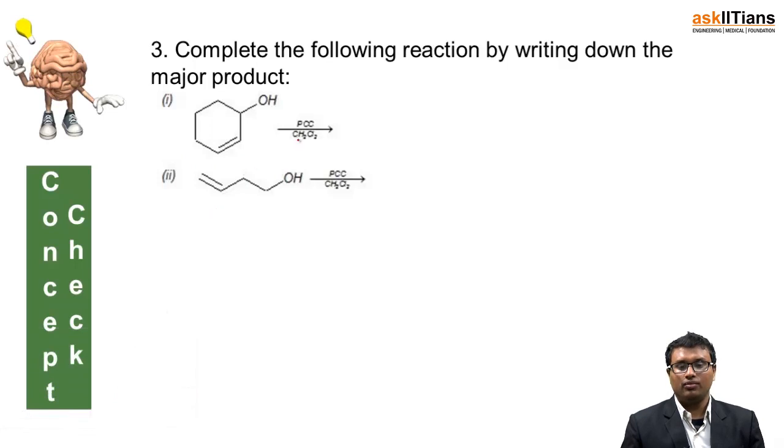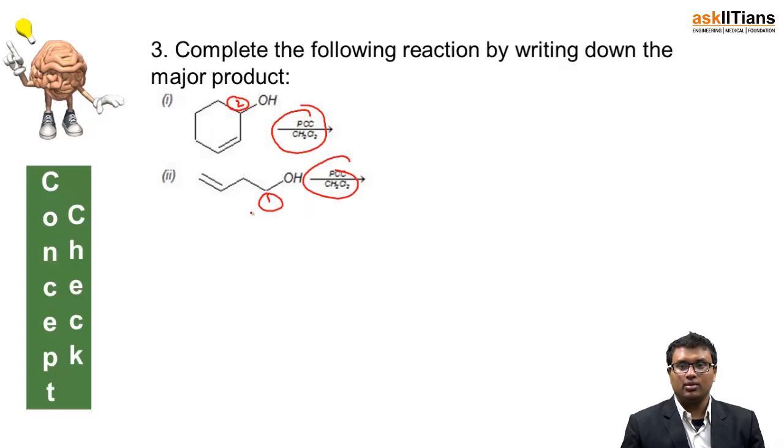You have an alcohol, and you know that PCC, CH2Cl2 is an oxidizing agent. Oxidizing agent in the sense that it removes hydrogen. Here also you have an alcohol, and it should oxidize that alcohol. And remember, here this alcohol is a 2-degree alcohol. This is a primary alcohol.